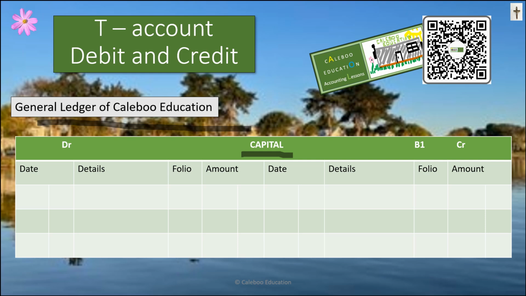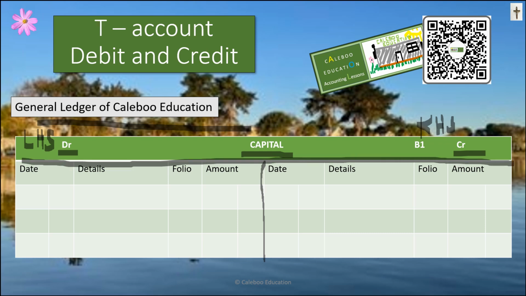Now, this general ledger account, capital, is divided into two sides. The left-hand side, which is the debit side, and the right-hand side, which is the credit side. This account, therefore, forms the shape of a T.